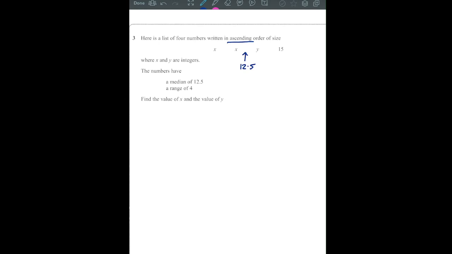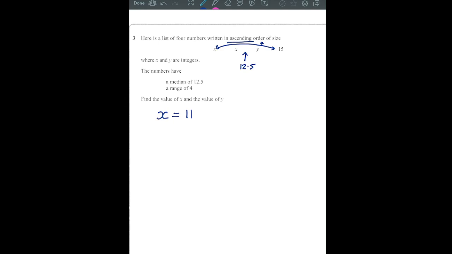The other statement is we have a range of 4. Well, that says that the difference between the smallest and the largest is 4. Oh, well, I already know the largest. If the largest is 15, then x, the smallest, has to be 4 less than that. So x would just be 11.